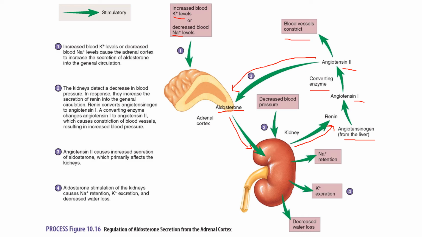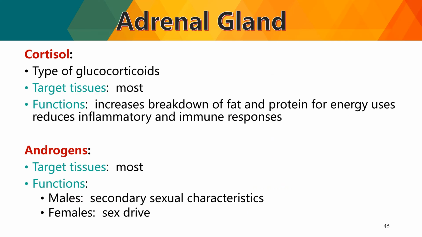So, you have the production of renin, you also have the retention of sodium, excretion of potassium, decreased water loss, and there are also effects of blood vessel constriction, and of course, decreased blood pressure. So, next would be your adrenal gland.